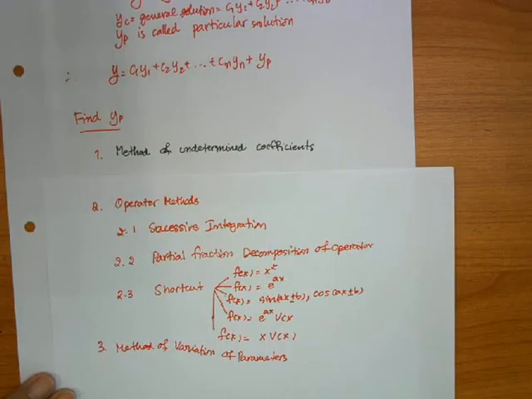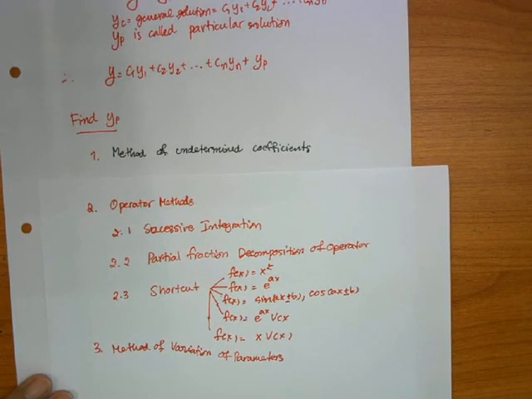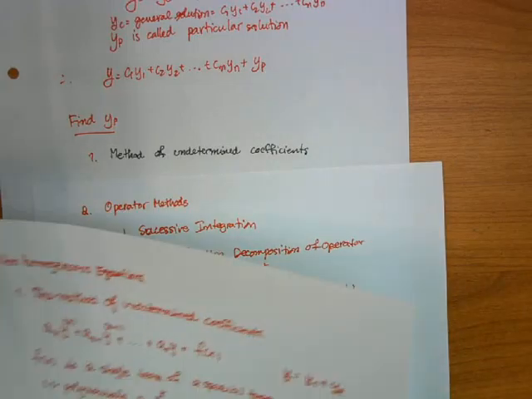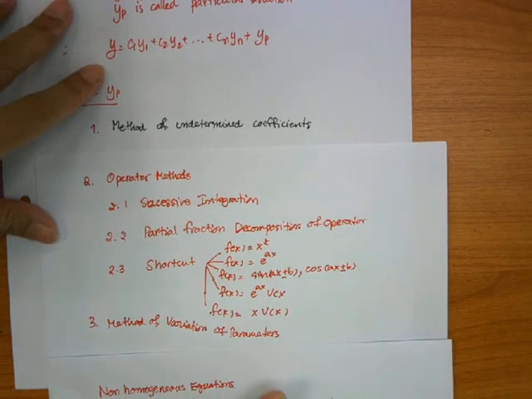So let's go to the first one first, which is the method of undetermined coefficients.